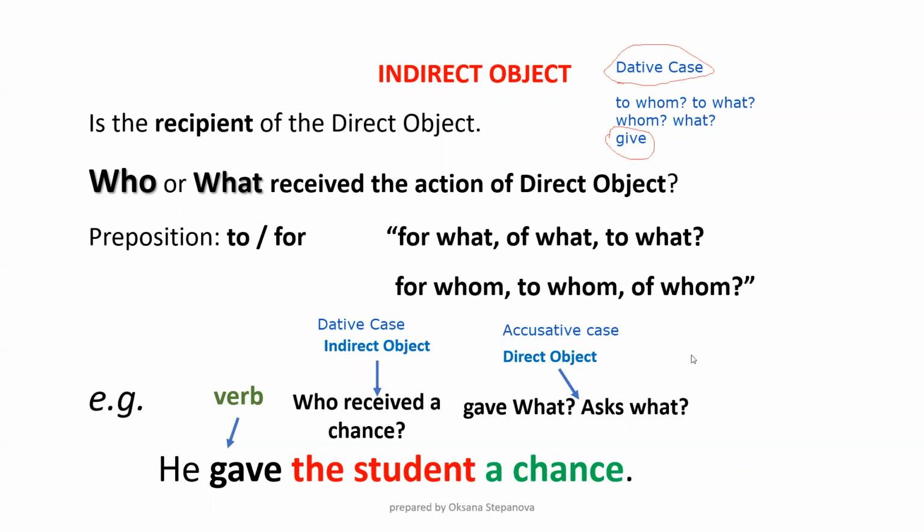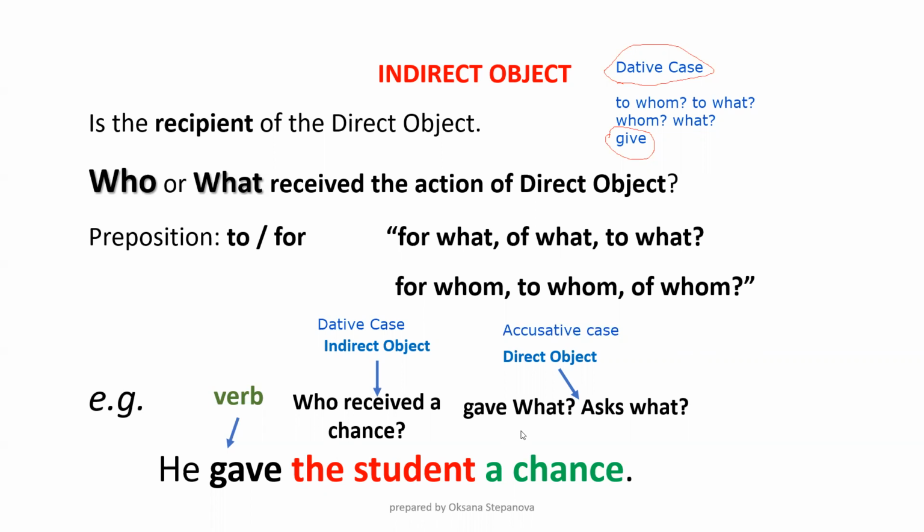He gave something. So who received something? This is your indirect object, the thing or person who received something, from a subject.